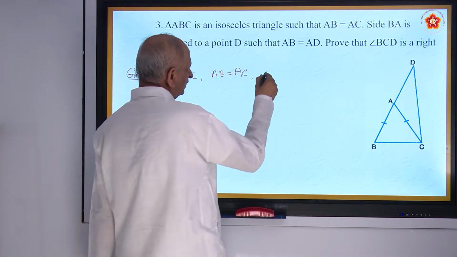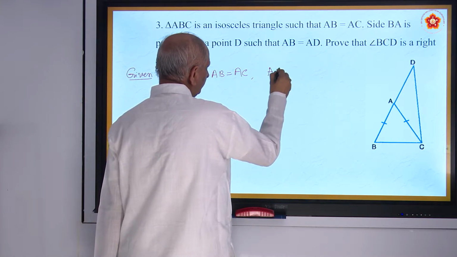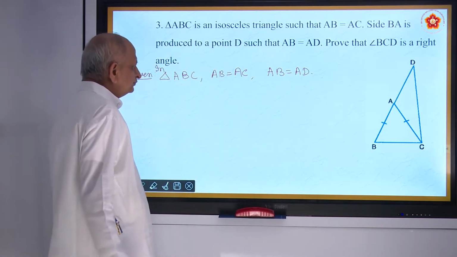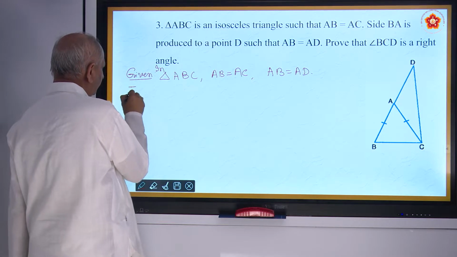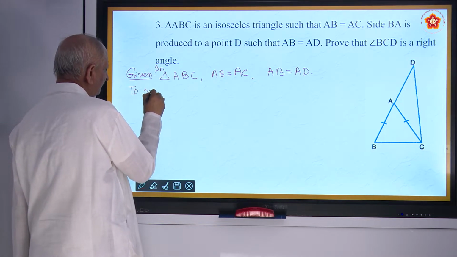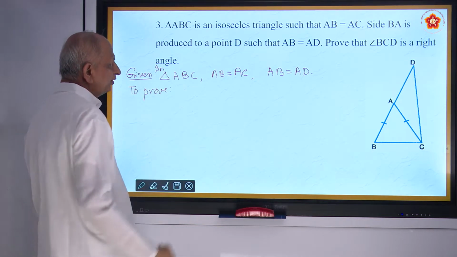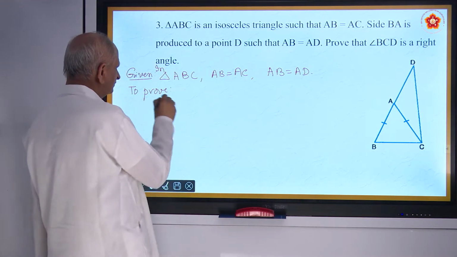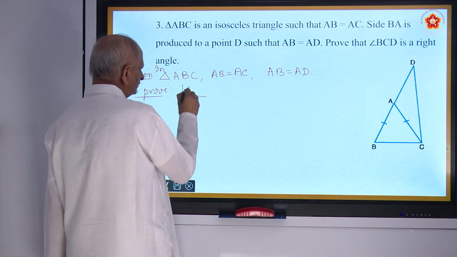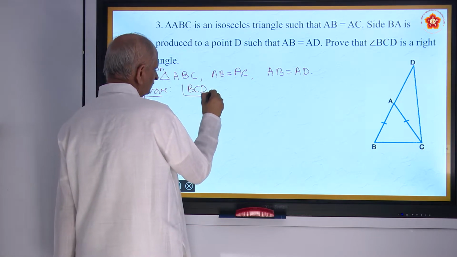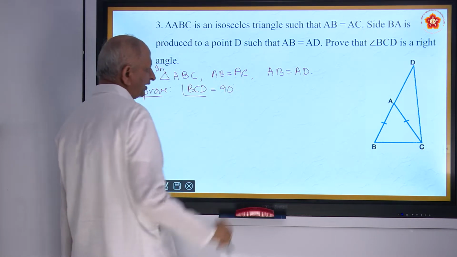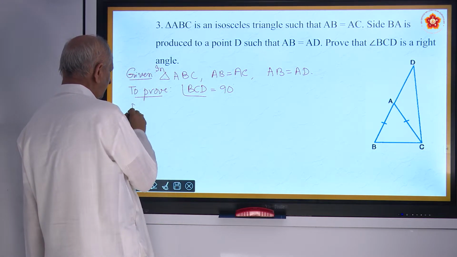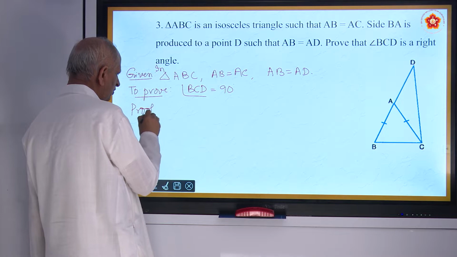And also you are given that AB is equal to AD. To prove that, what you have to prove? BCD is a right angle (90°). Okay, then proof.